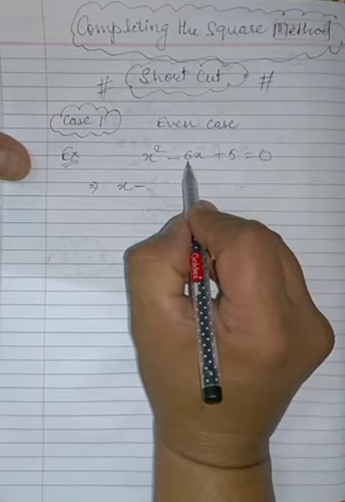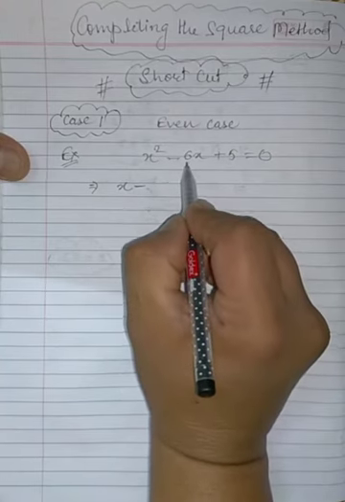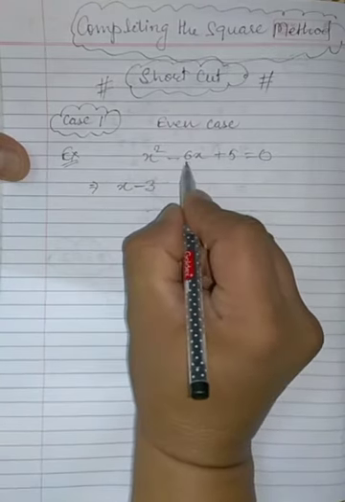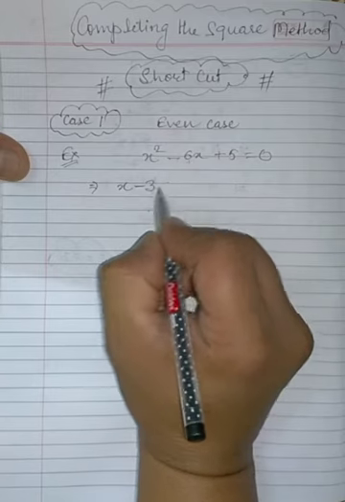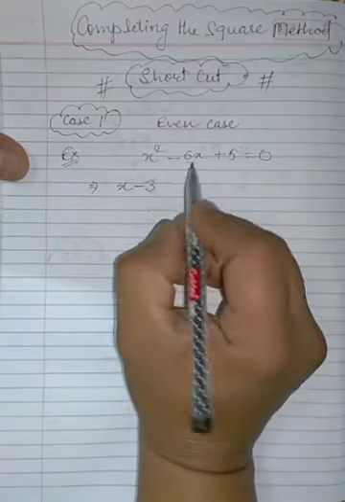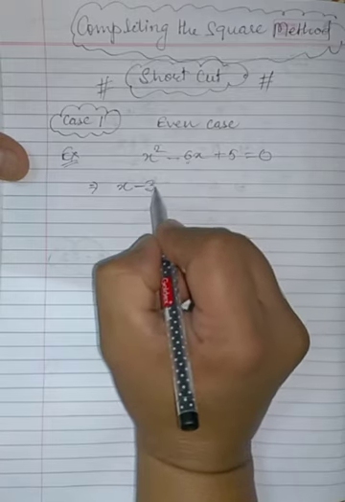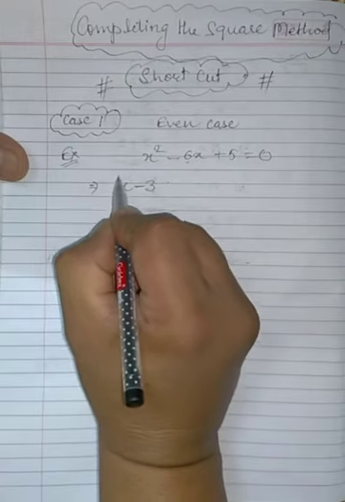Whatever number this is, you will take half of it. So if it is 6, we will take 3. If it is 4, we will take 2. If it is 8, we will take 4. Whatever number we have here, we will take half of it, and we will write this as a whole square.